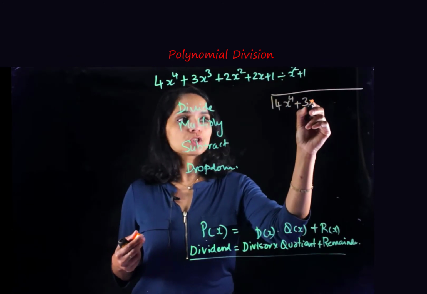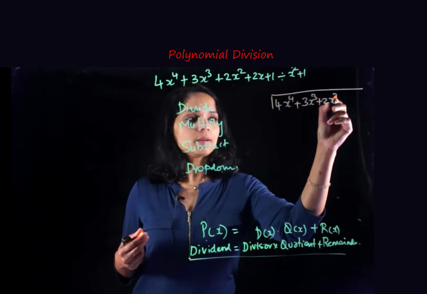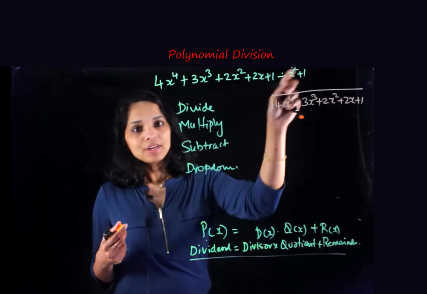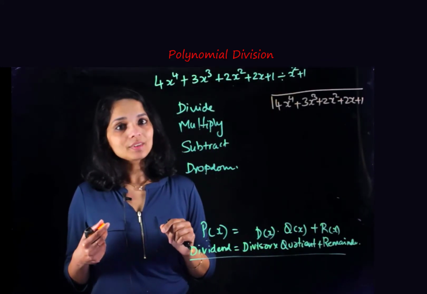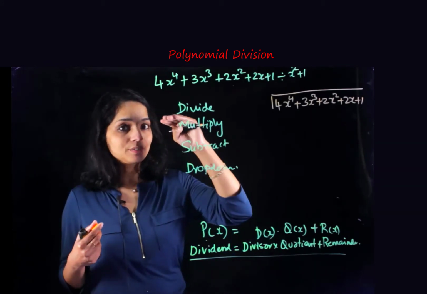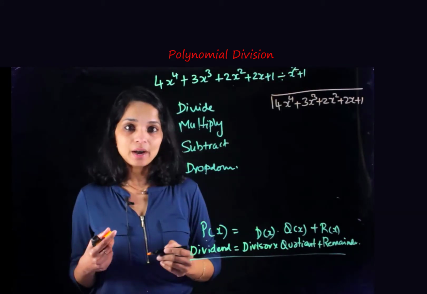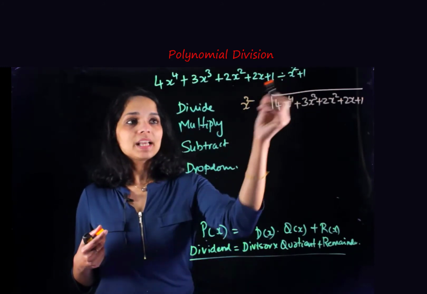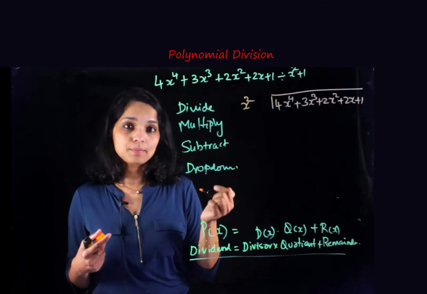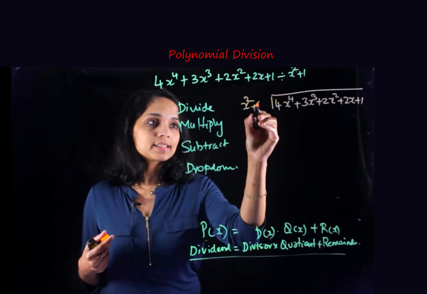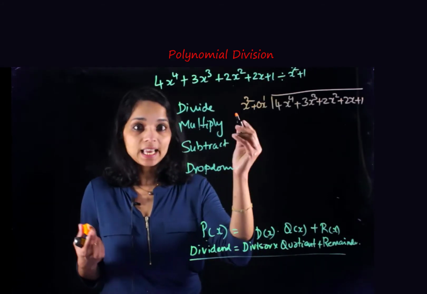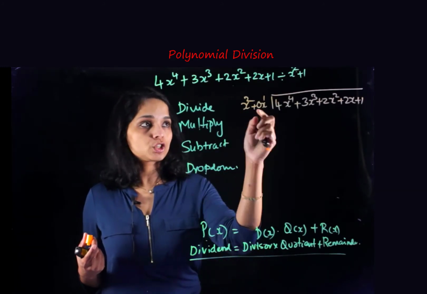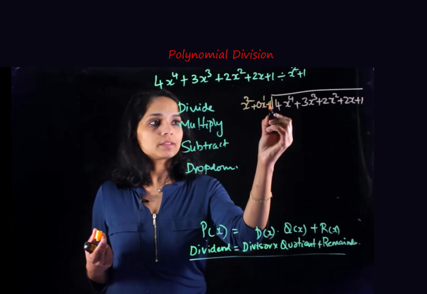When I write down the divisor, it also should have all the powers starting from the highest power, or the degree. So x squared is there, but the x term, the x to the power 1 term, is missing. We should add such a term, but we shouldn't make any changes to the polynomial itself. So that's why we add it as 0x to the power 1, and then plus 1.